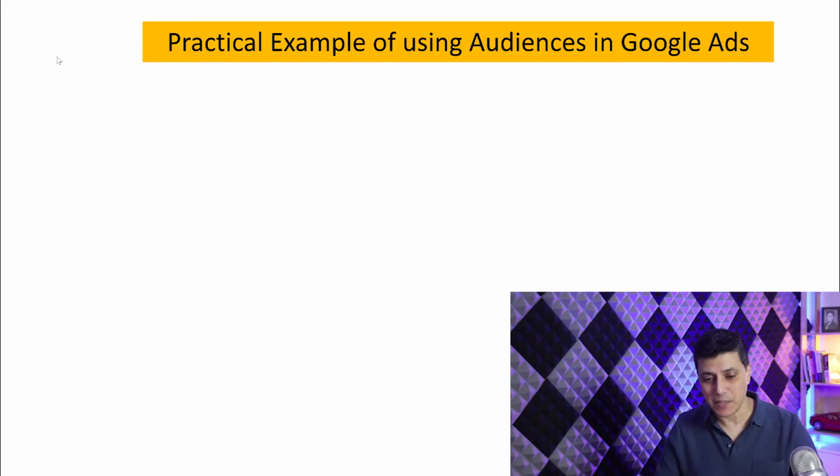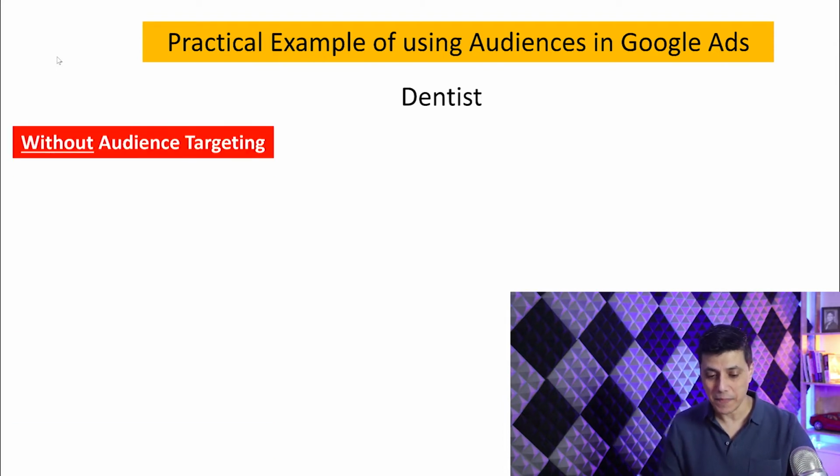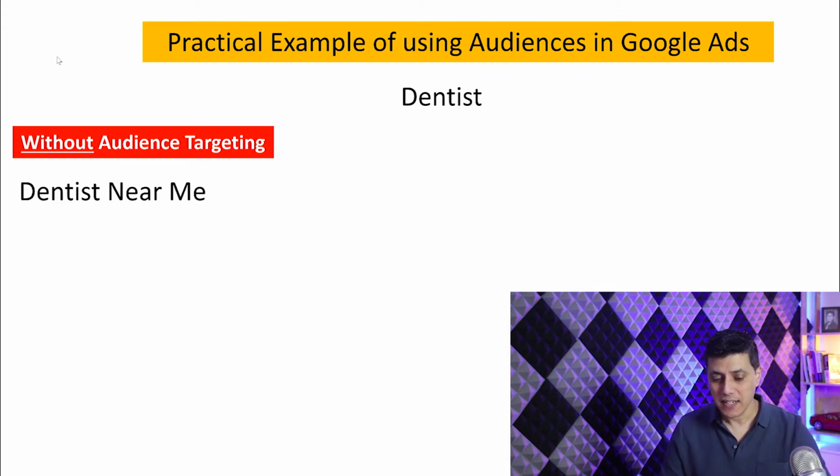So in order to help you demonstrate this, I'm just going to give you one quick example of how audiences could work. For the sake of this example, I'm going to be using a fictitious website for a dentist. So let's say you've got a dental practice. Now, without targeting, if you're not using audience targeting, let's assume somebody comes to your website by using the words dentist near me.